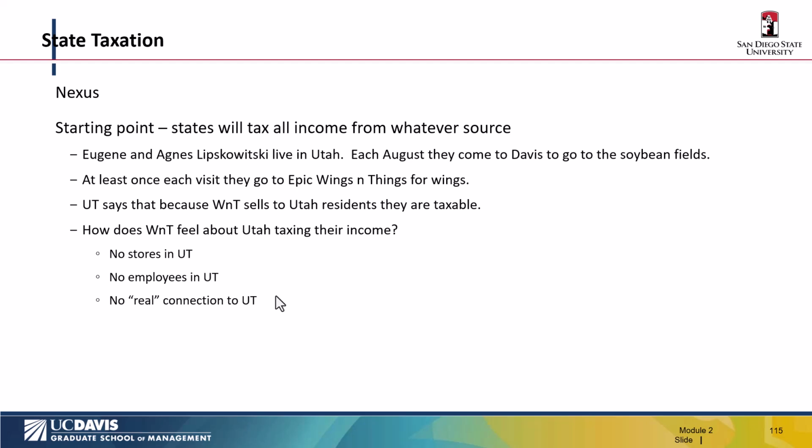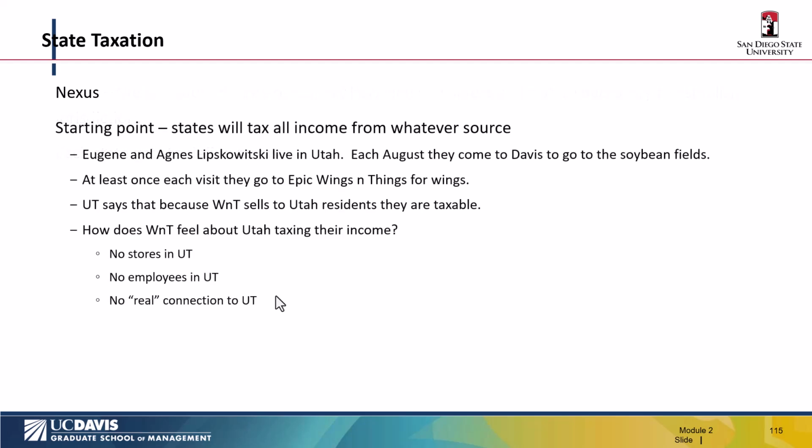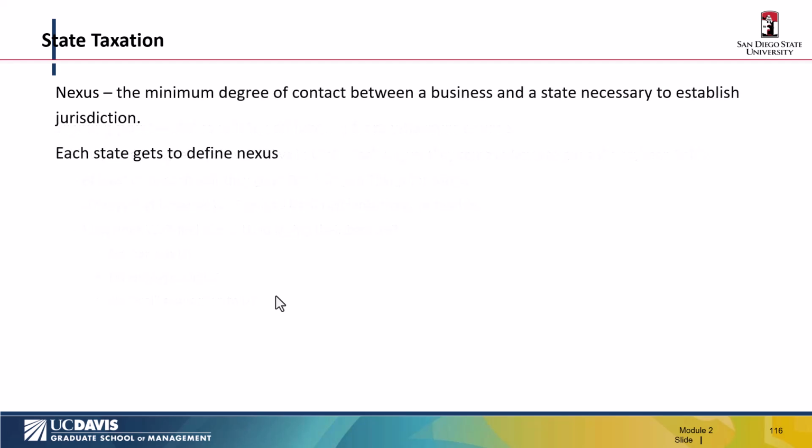That feels entirely unfair for the state of Utah to tax the Wings and Things located in Davis, California, because a couple of Utah residents ate there. So again, nexus is the minimum degree of contact between a business and a state that's necessary to establish jurisdiction, and each state gets to define nexus. But I'm pretty sure I don't like this prior definition with the Lipskowitskys.